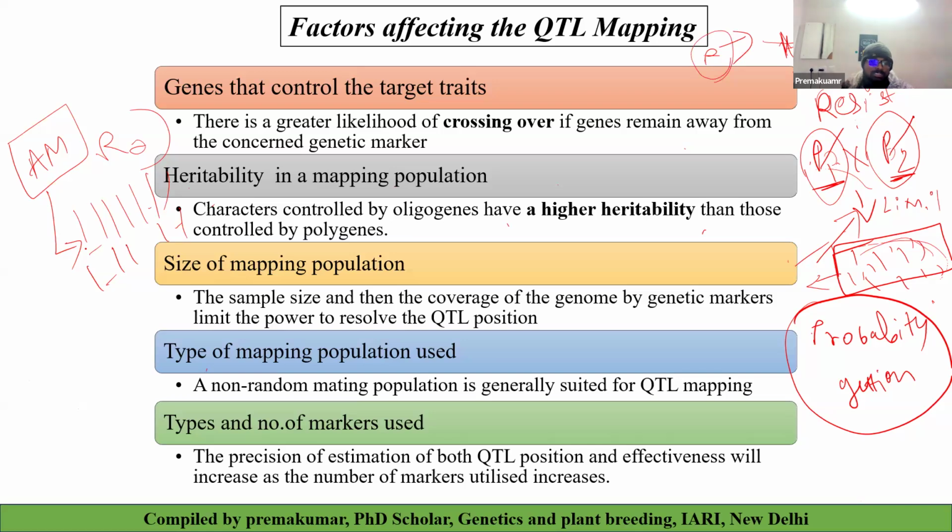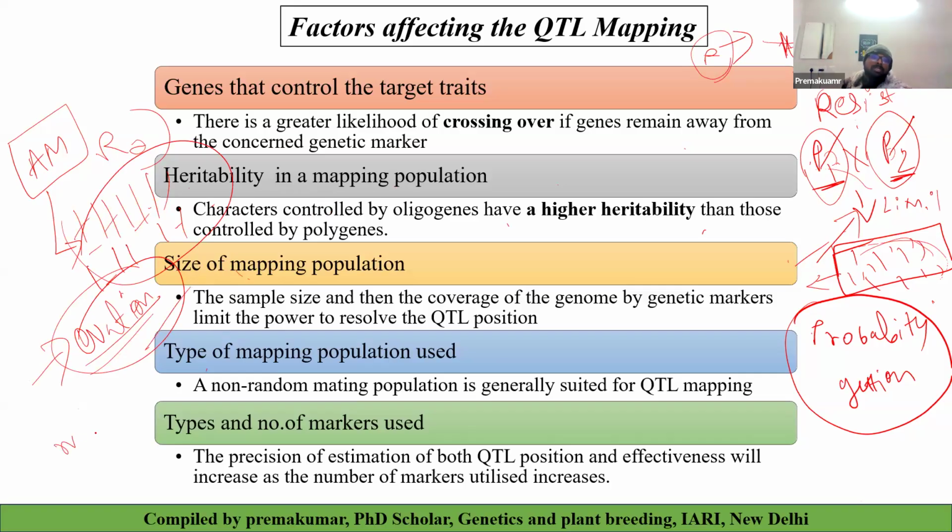But in the case of association mapping, it takes into account evolutionary recombination. I will explain, because I have not yet dealt with association mapping. Those who have read it can understand. Those who have not, don't worry, I will explain. Because we are using a random population, they have had recombination over several thousand years. That's called evolutionary recombination.